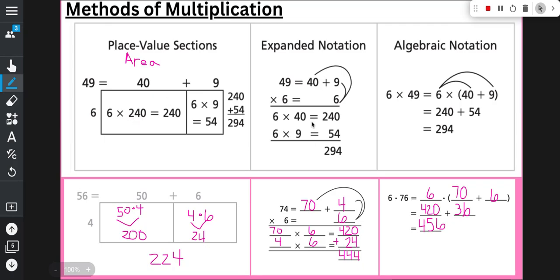When I look at the three different methods on this note sheet, I can see my same partial products. I have 240 here when I multiplied my area of 40 times 6. Well, my first problem in expanded notation was 40 times 6. And in algebraic notation, I passed out that 6 to the 40.